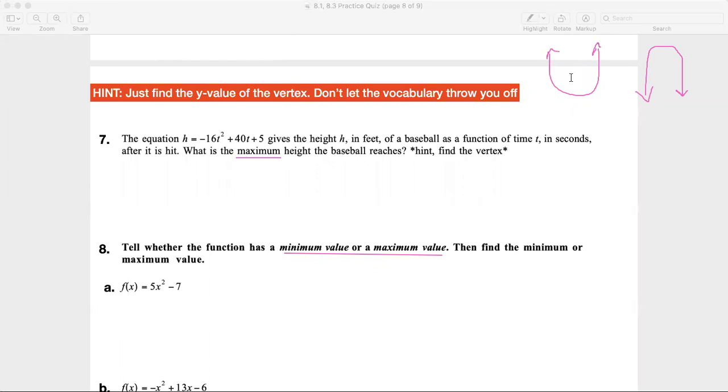Well, if it's facing up, your vertex is the lowest point. It's going to be at the smallest point. If it's facing up, it's going to be a minimum. If it's facing down, we call that a maximum because your vertex is the highest point. It's all about the vertex. It's the single most important part of the graph. We want to know where the vertex is.